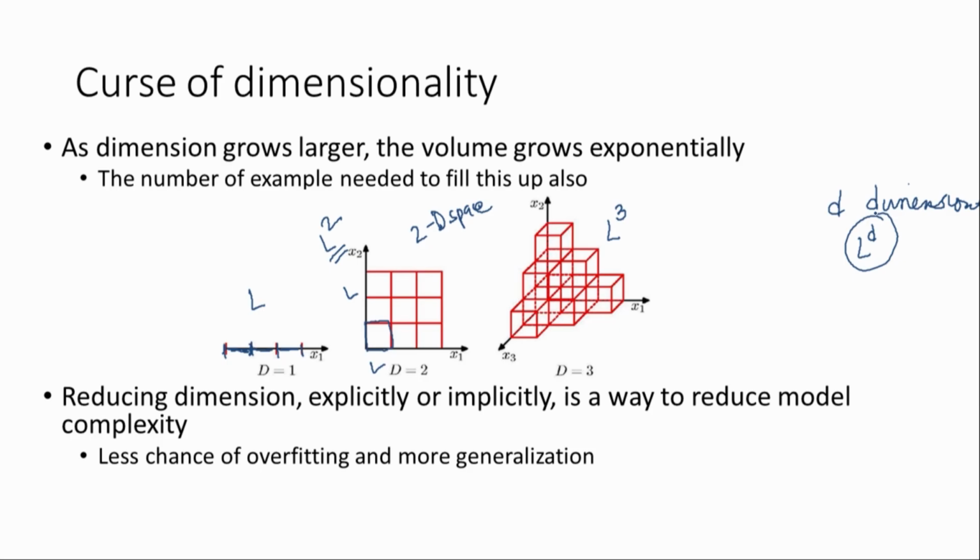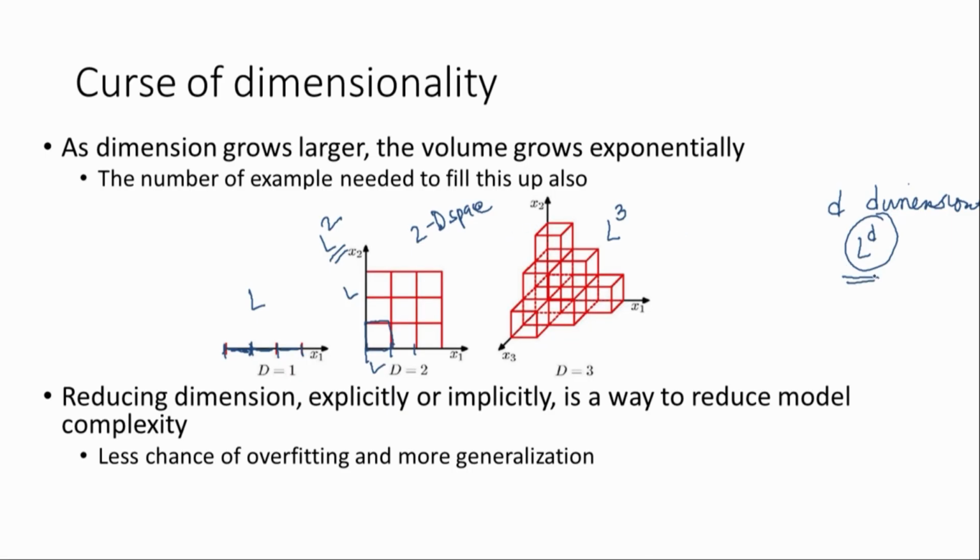Why am I asking this? Imagine these are features. This x1, x2, x3 are features, and imagine they take discrete values, 0, 1, 2, 3, 4, etc., up to some max of L. If you have a d-dimensional feature vector, and each value ranges between 0 and L, what is the total number of possible values that this feature vector can take?